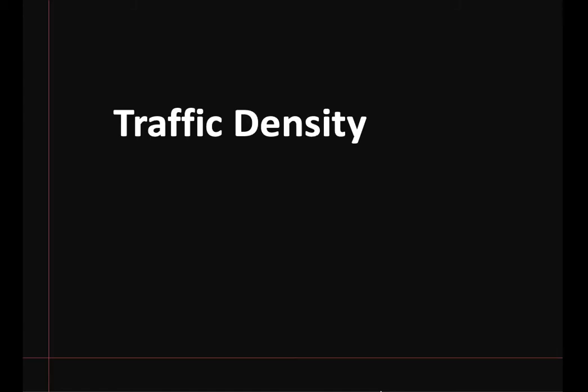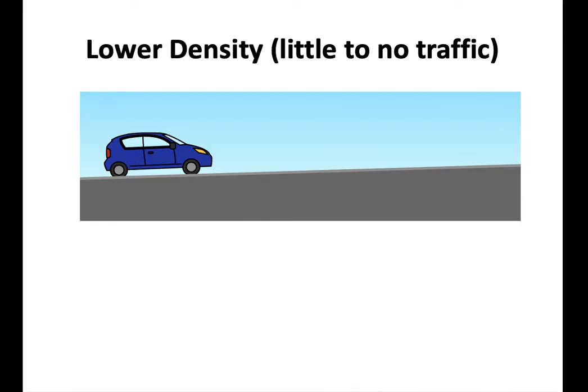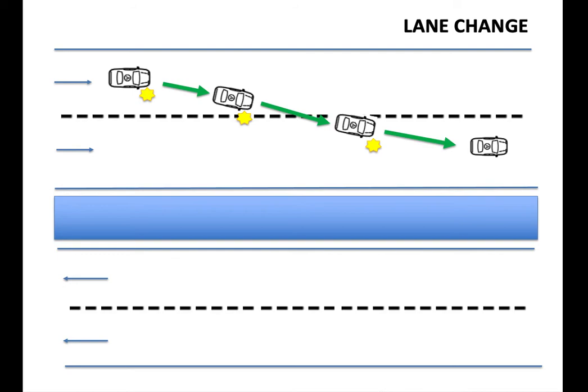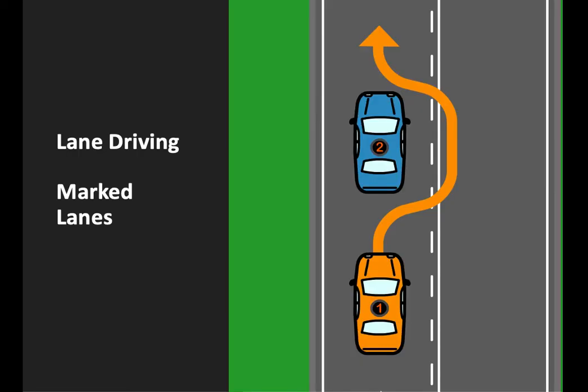Okay, traffic density. Traffic density refers to heavy traffic, so higher density traffic, and lower density, where there's little or no traffic. Lane driving. The first part of that is lane change. So we've just got a diagram here of a vehicle making a standard lane change. One-ways, marked lanes.